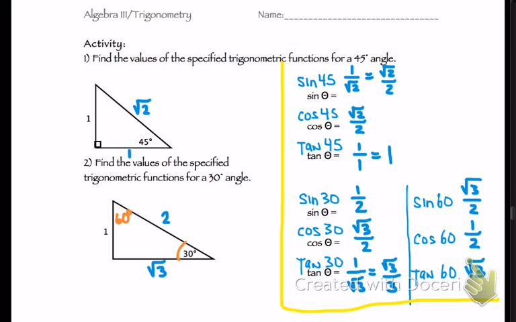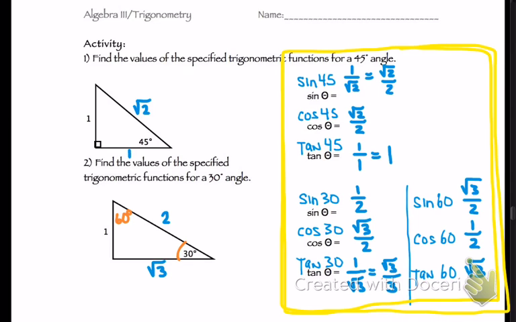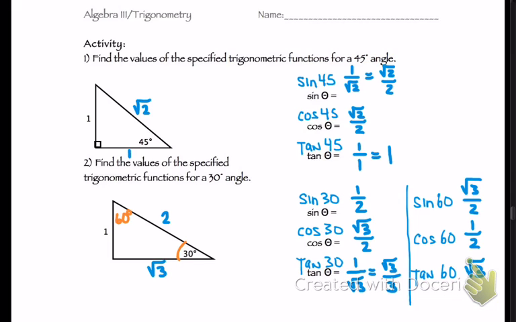I think you are going to be absolutely amazed when I show you where these values actually are in the unit circle that we've been talking about. But you'll see, I'll show you that in class, so make sure that we are on point and we're good to go when we get to class.